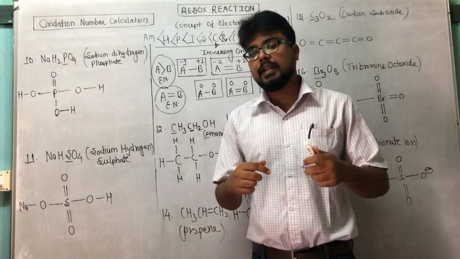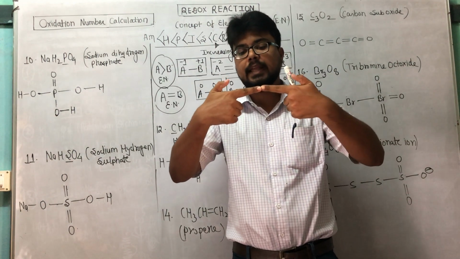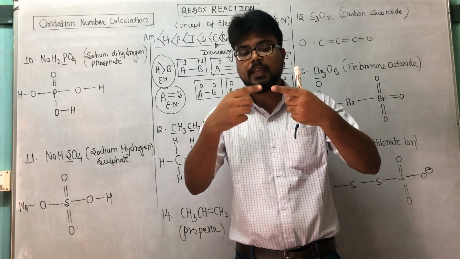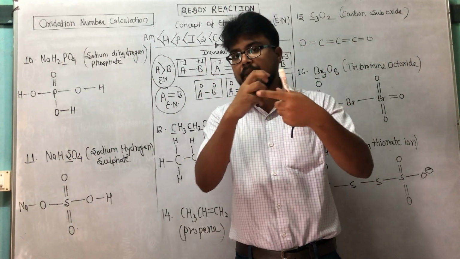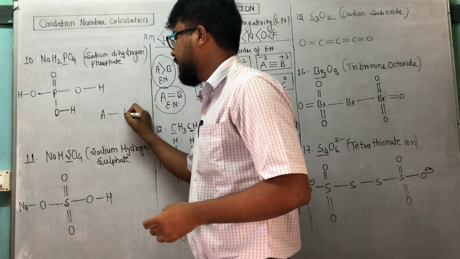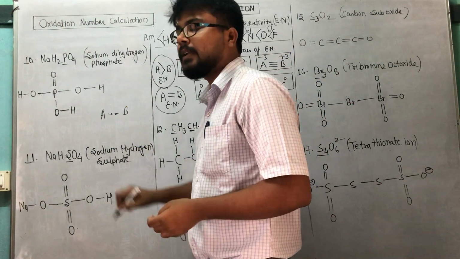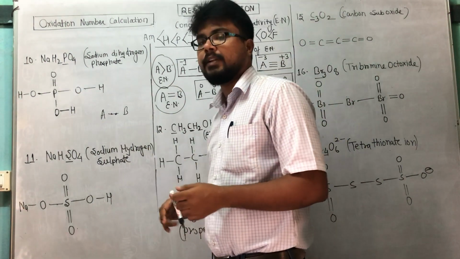Suppose one bond is formed between A and B elements, and A is more electronegative than B, then A will attract the electron pair towards itself, correct? Suppose it is A and B, and here they formed a bond, and for bond formation they shared one electron.